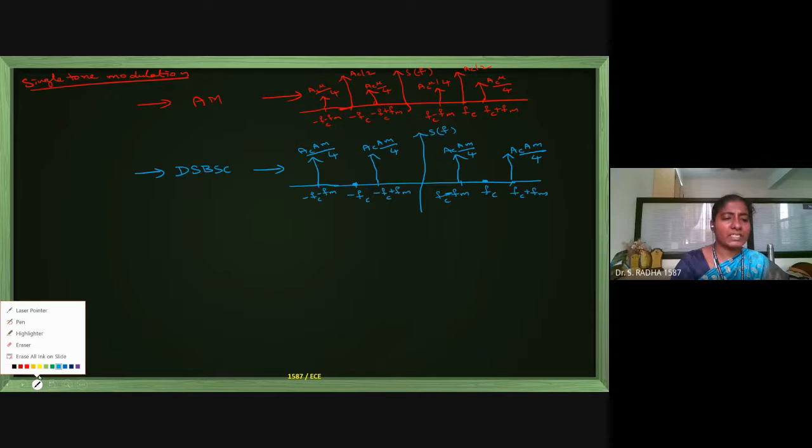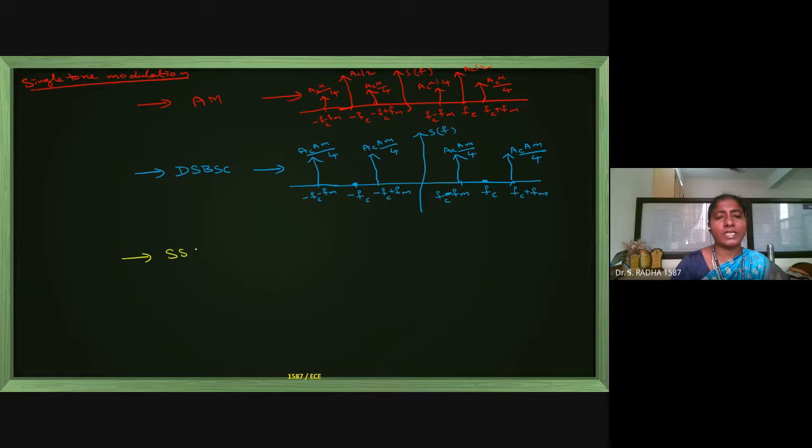But for SSB, now I am going with single sideband in single tone modulation. Here, this is upper sideband, this is lower sideband, this is upper sideband, this is lower sideband.